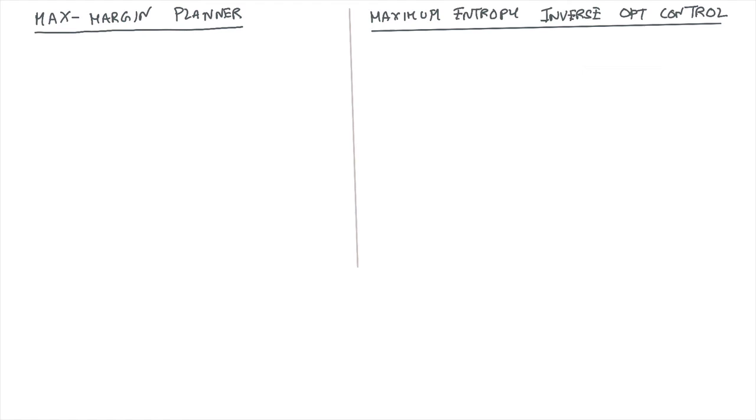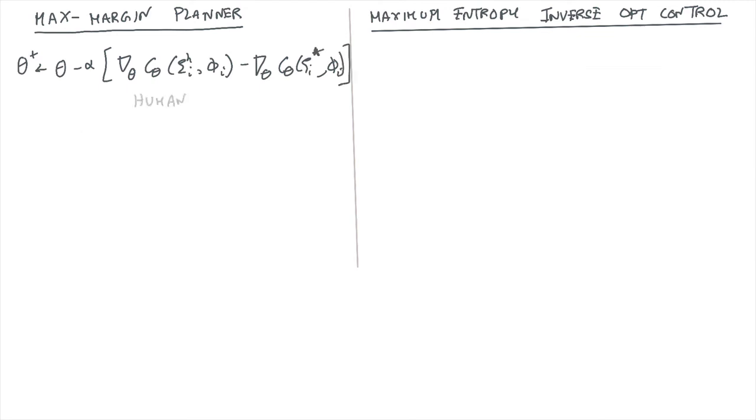So as we come to a close, let's compare the two methods we saw head to head. The max margin planner, the update rule looked like bump down the cost of the human plan and bump up the cost of the plan produced by the learner, which happens to be the optimal plan xi I star.